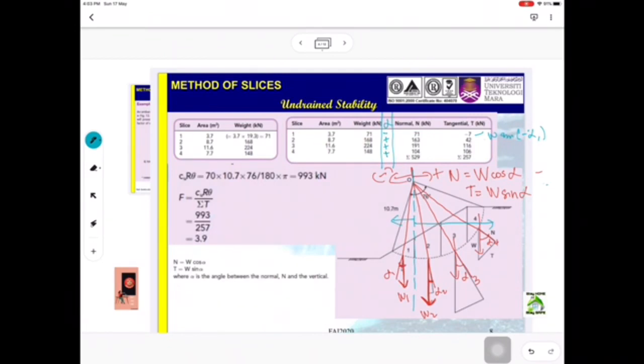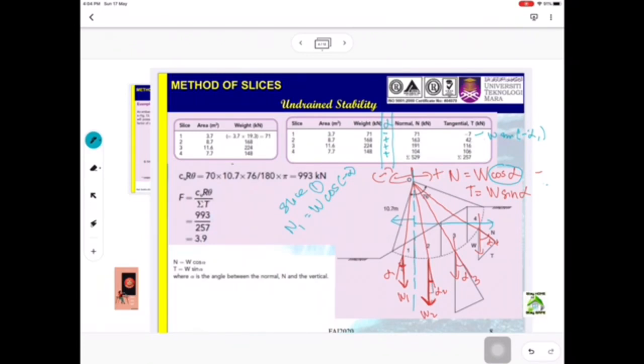So N is W cos negative alpha for this one. So for slice 1, N1 is equal to W cos negative alpha.